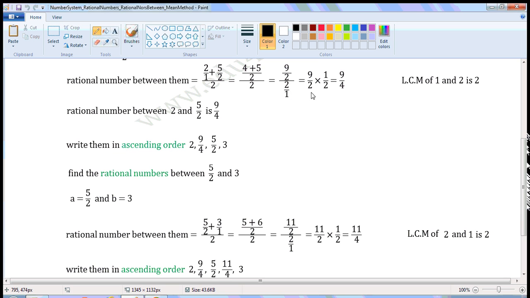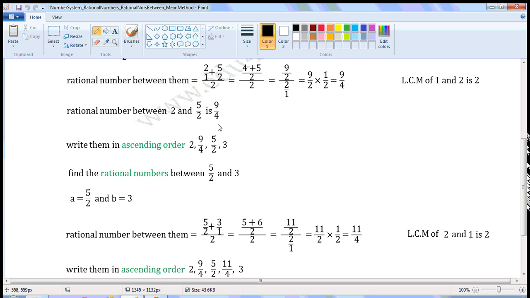That is equal to 9 by 2 into the reciprocal of 2 by 1, which is 1 by 2. So 9 by 2 into 1 by 2. 9 into 1 is 9, 2 into 2 is 4. So 9 by 4 is the rational number between 2 and 5 by 2.